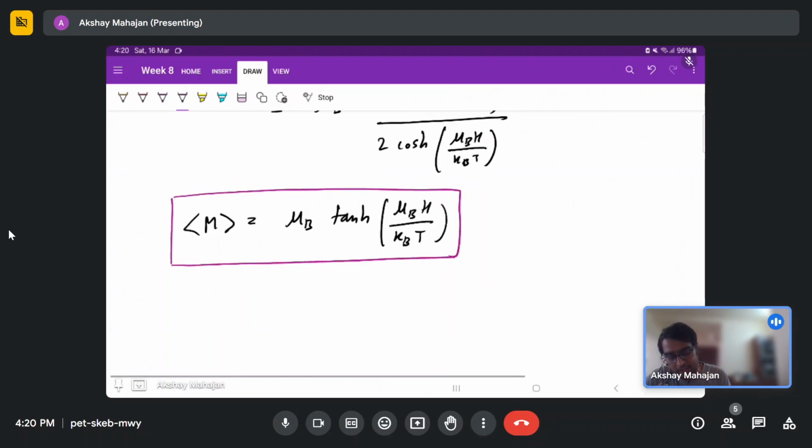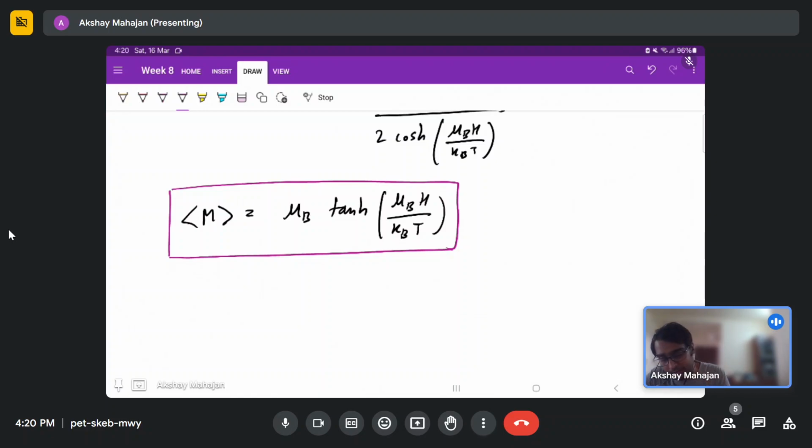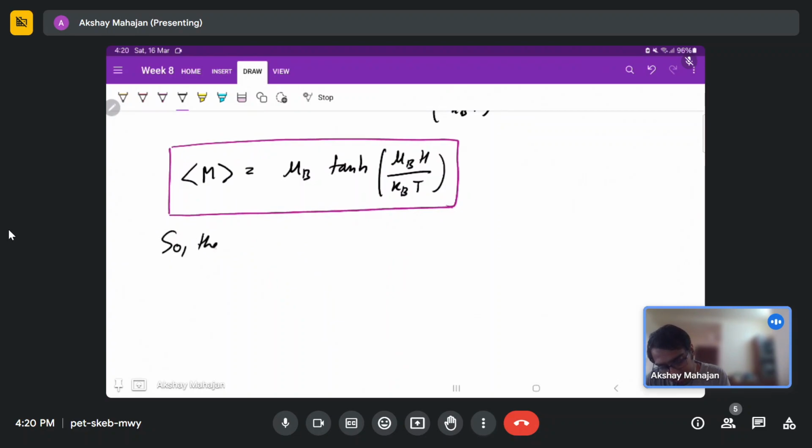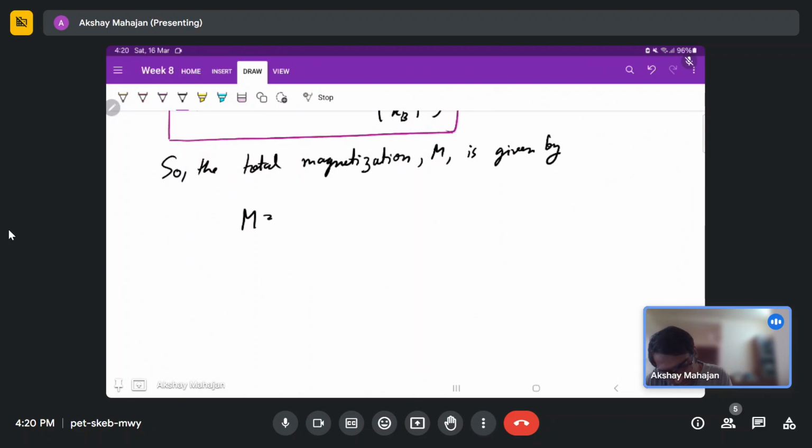What we have found here is the average magnetization per spin, and the problem is we have to find the total magnetization. So the total magnetization M will be equal to n, the density, the total number of spins per unit volume, times the average magnetization for each spin, for each magnetic moment.